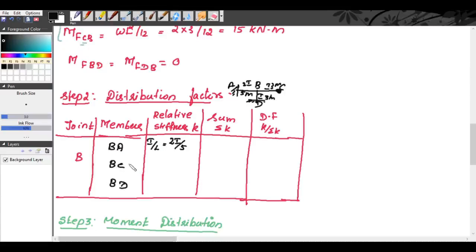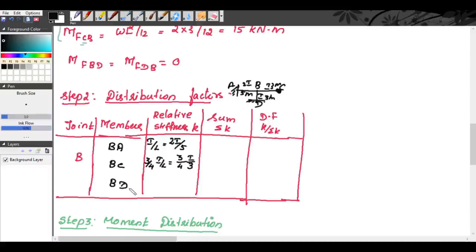For the span BC, the far end is hinged or simple support, so the relative stiffness is 3 by 4 into I by L. So 3 by 4 into I, where I is I here and L is 3. So it is I by 4.